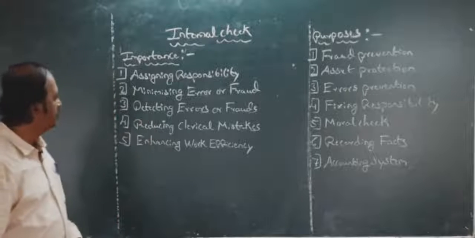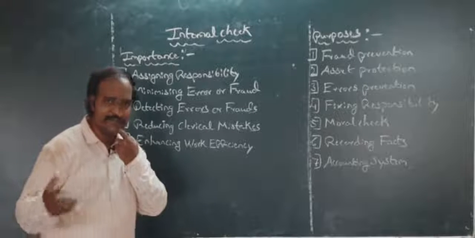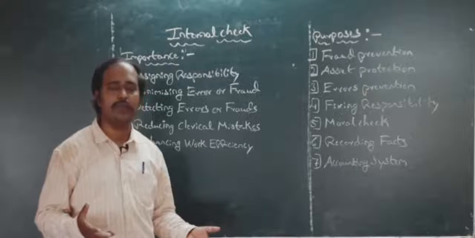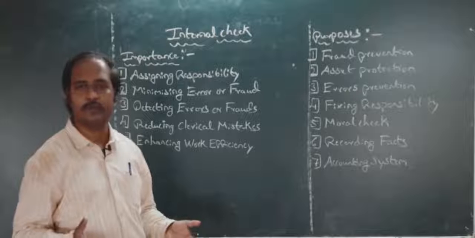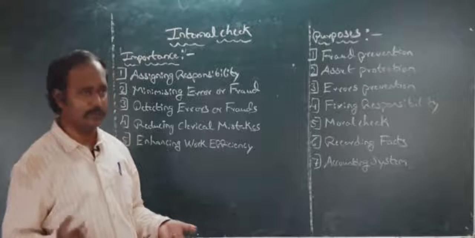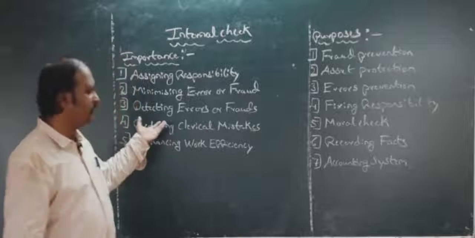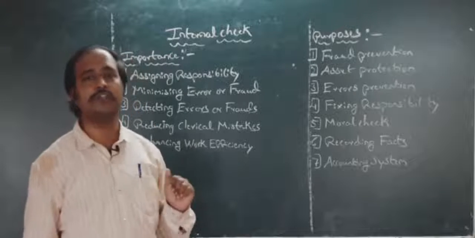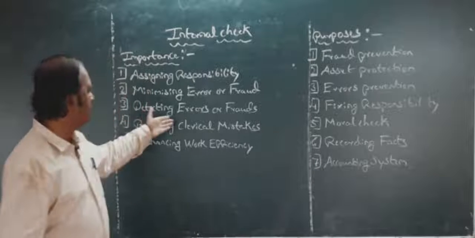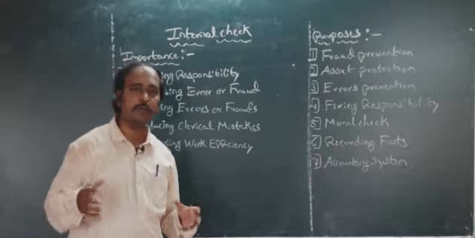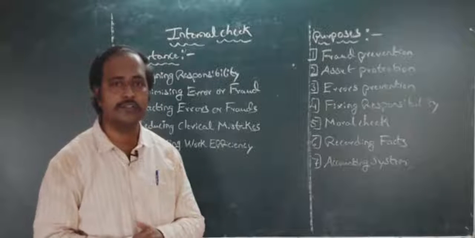The next one is detecting errors or frauds, as I said earlier. No doubt every accounting period the auditor comes and tries to detect the various errors and frauds yearly. But it is the duty of not only the auditor but also the management, because errors or frauds definitely hinder the performance of every organization.